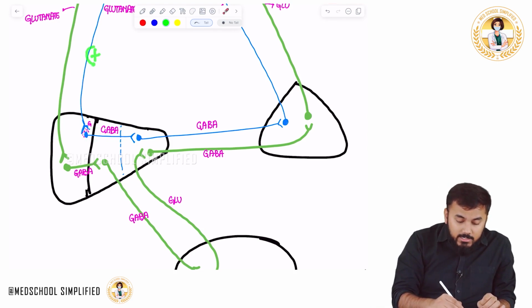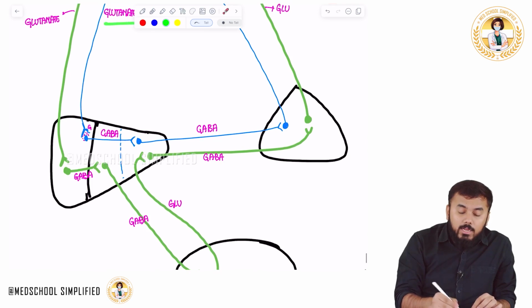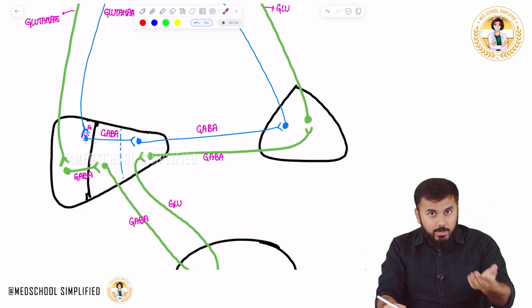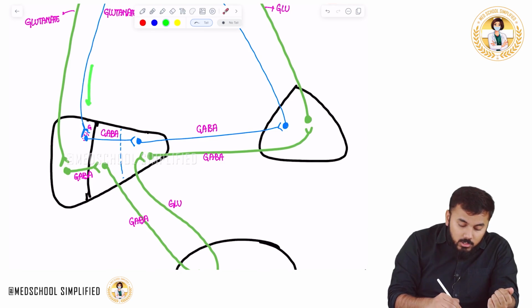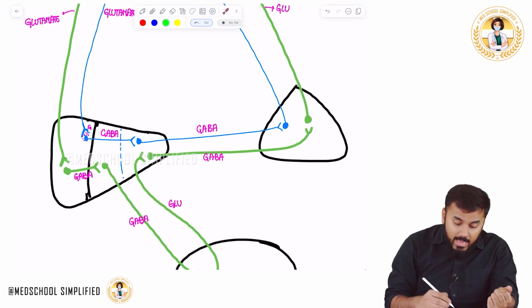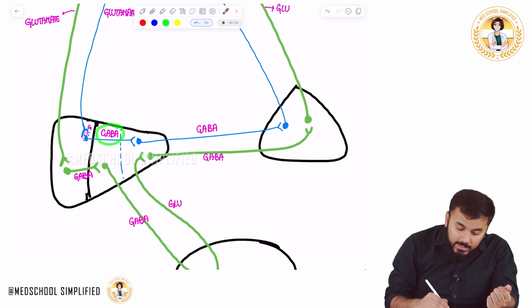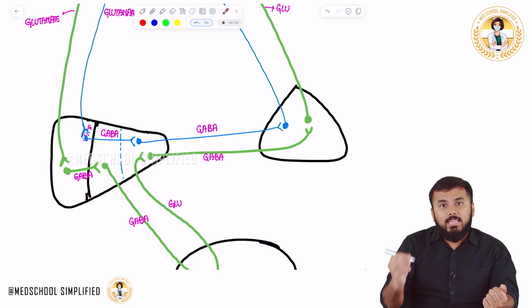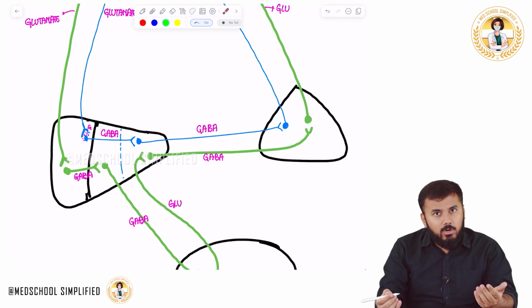So this neuron gets activated, it releases glutamate. So these neurons are called glutamatergic neurons because they release glutamate. So glutamatergic neurons will activate a GABAergic neuron, and this GABA is released over here. You see, GABA is released. And tell me, will GABA inhibit a neuron or activate a neuron? It will inhibit.